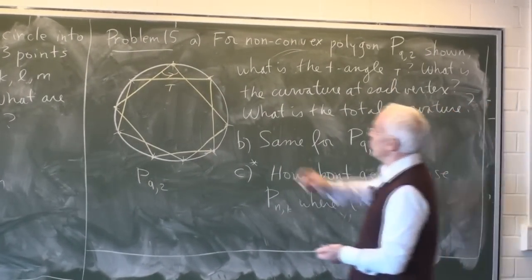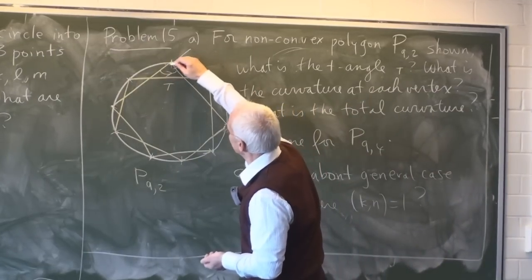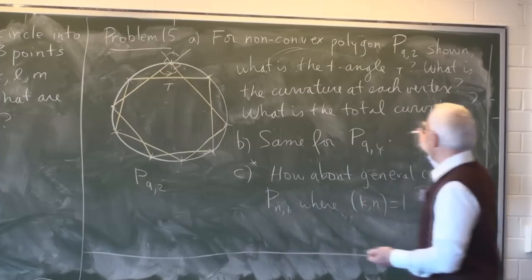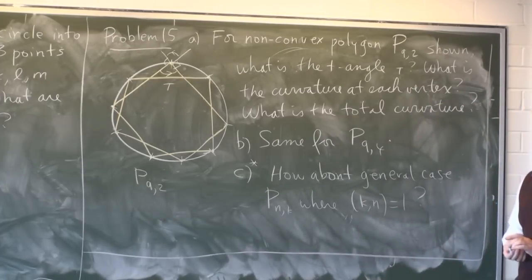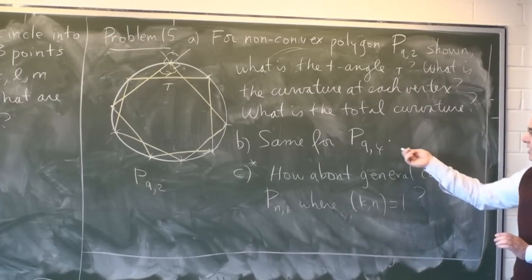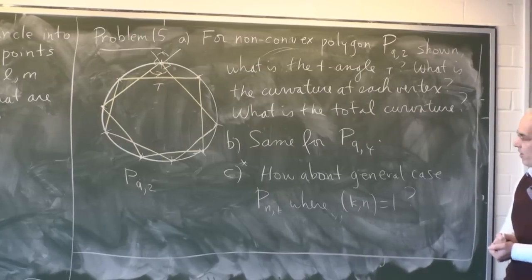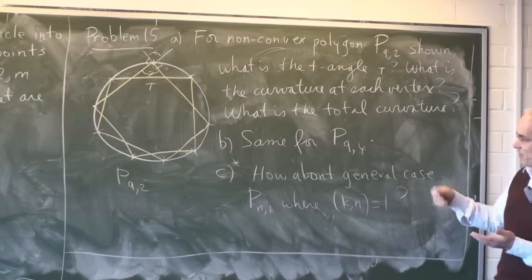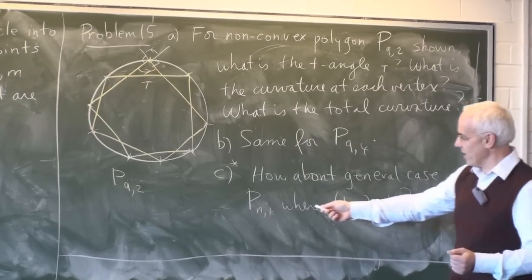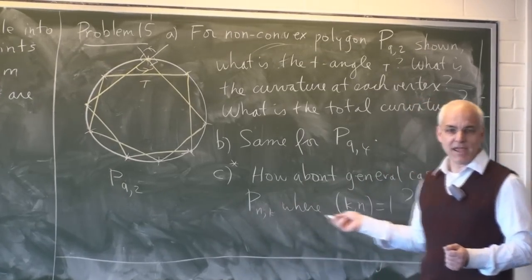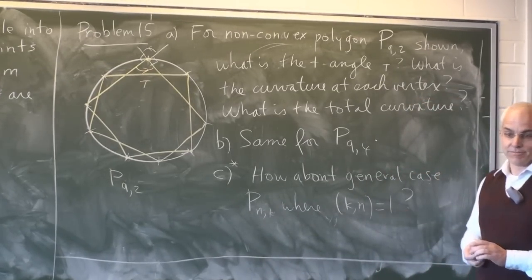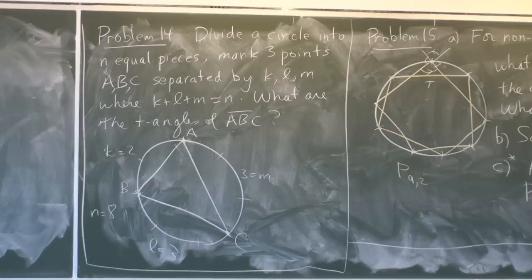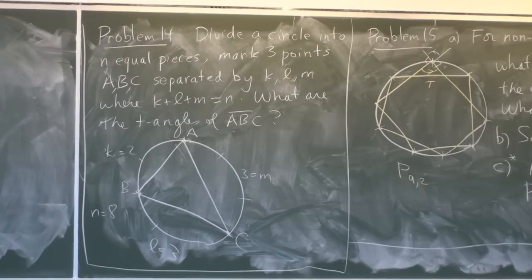And what is the curvature at each vertex? So if you made something like this, what would be that curvature? And what is the total curvature of the entire polygon? And you could ask the same thing for, say, P9,4, and somewhat more generally, can you find a formula that works not just for 9 and 4 and 9 and 2, but for n and k, where n and k are relatively prime. Okay, I want to talk a little bit about duality of polygons and cones.